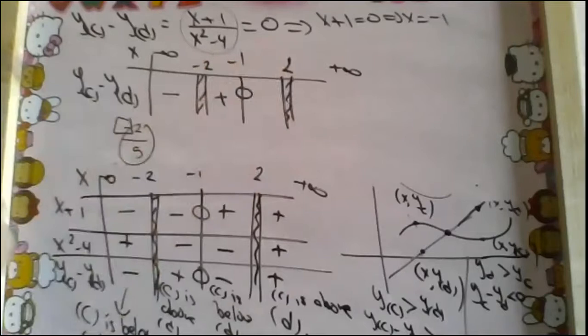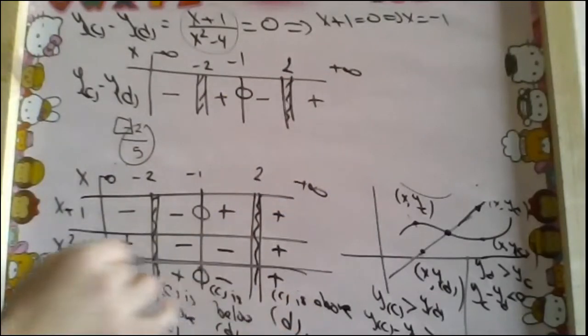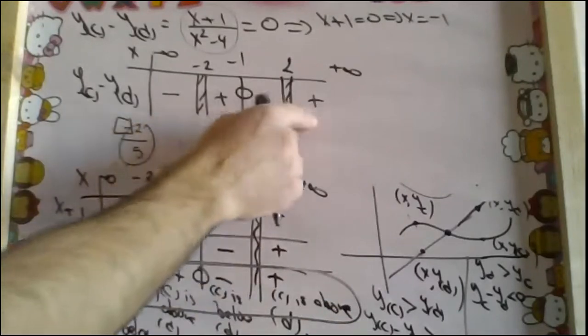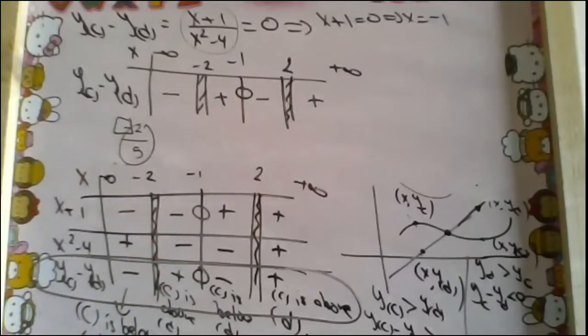Between negative 1 and 2, take 0, negative. Greater than 2, let's say 3, you get positive. Negative, positive, negative, positive, with 0 at negative 1. Okay? You'll get the same thing.